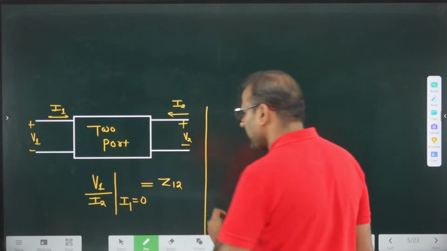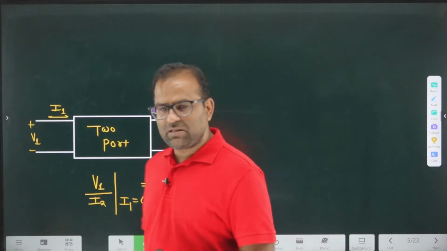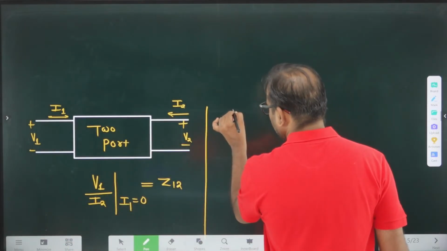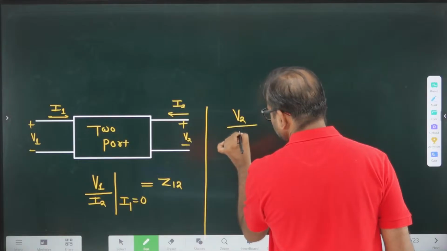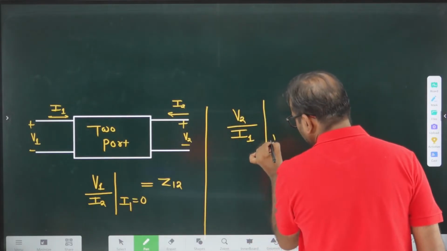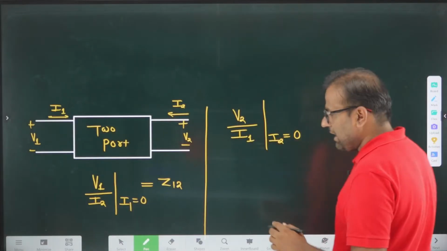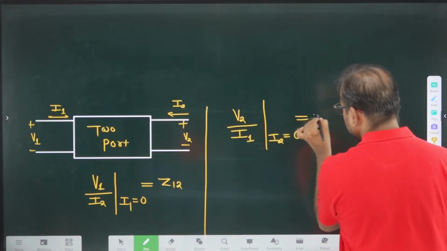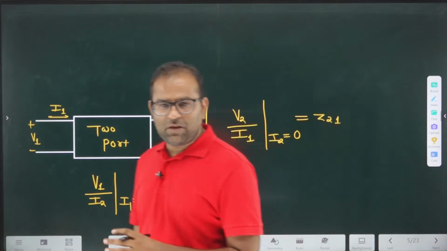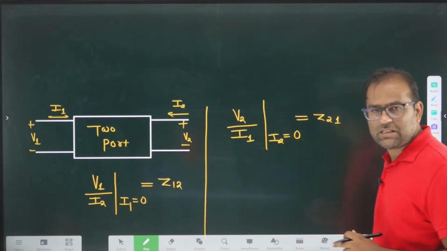And one more transfer function we can have, in the form of impedance, is V2 divided by I1 by making I2 equal to 0. And what is the value of this? This value is Z21.